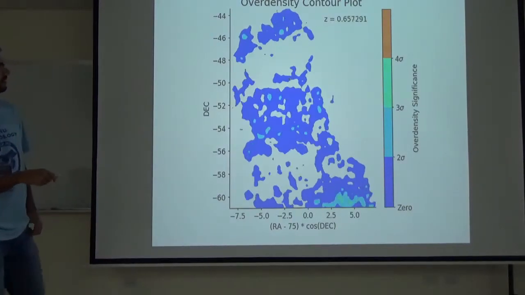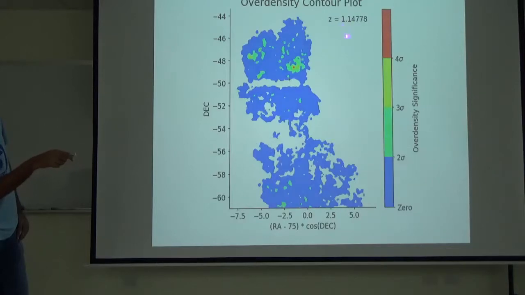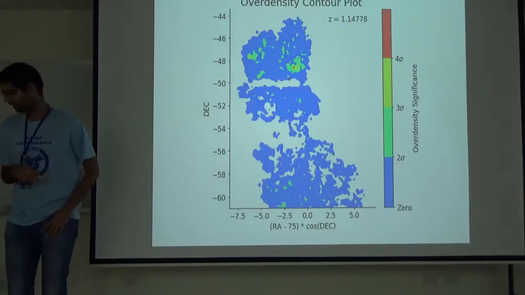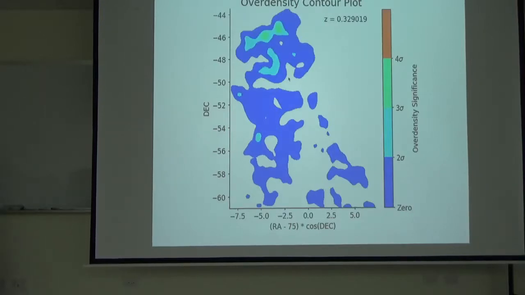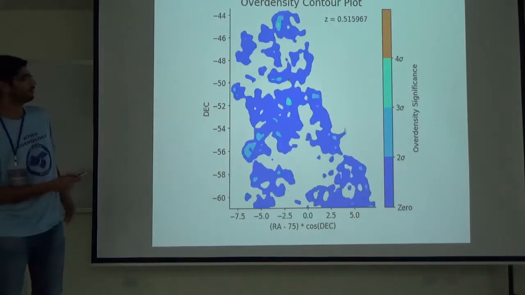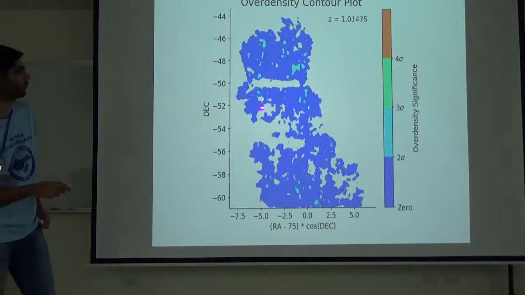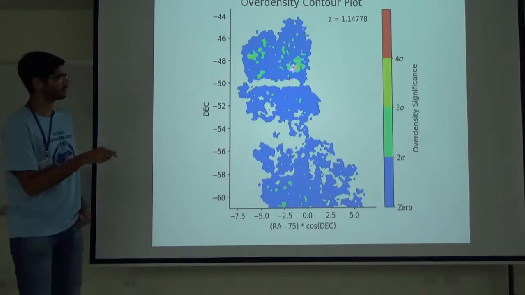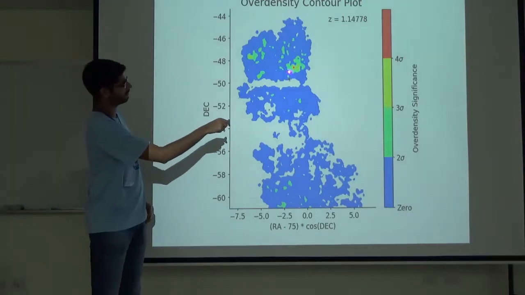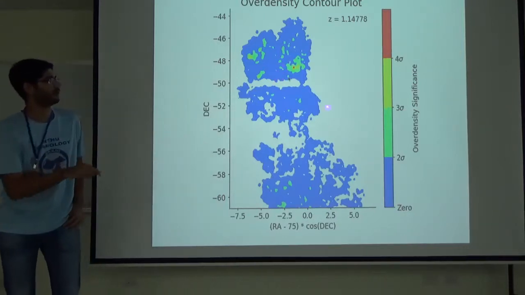Okay, so here you can see the redshift evolution of the structure. I'll play this again. So you can see things are popping up and going out of scope. I'm not sure if you noticed, but there was another structure at a lower redshift right in this space, which we'll come to later.